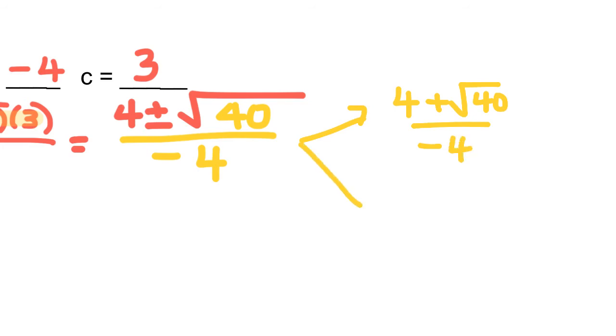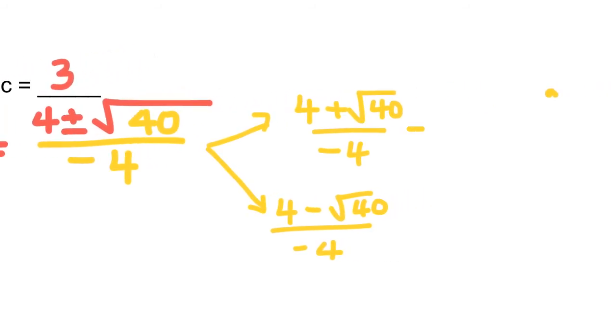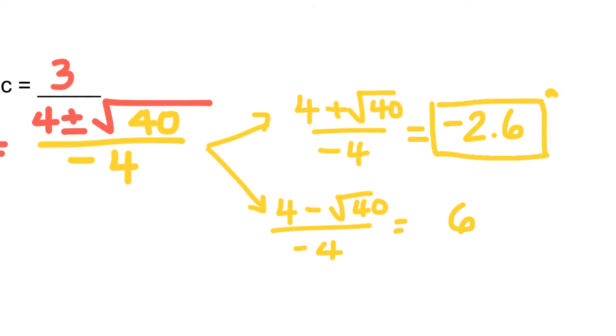And you can put that all in your calculator. And 4 minus the square root of 40 over negative 4. The solution to the first problem is negative 2.6. And the solution to the second is equal to 6. These are our two solutions.